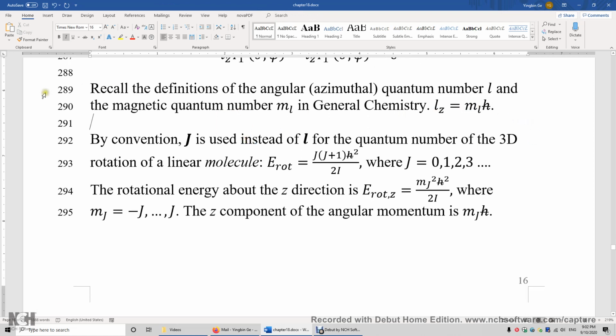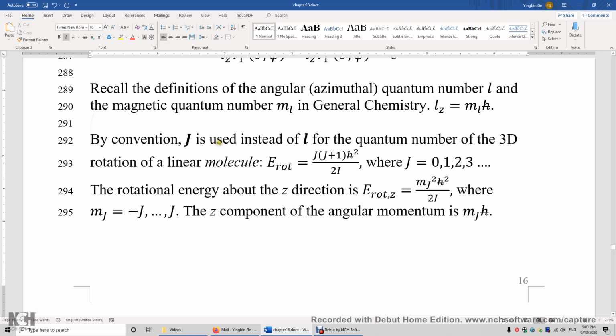Now, we were talking about electrons. What if we work on molecules? If we work on the three-dimensional rotation of linear molecules, we will write out a similar Schrodinger equation, and we'll solve that equation.